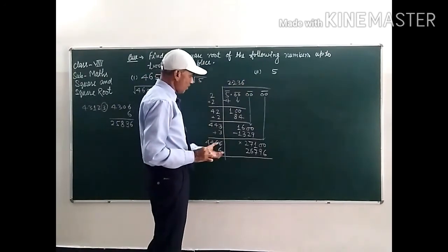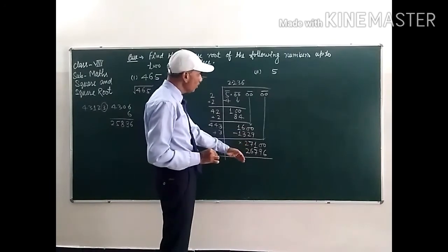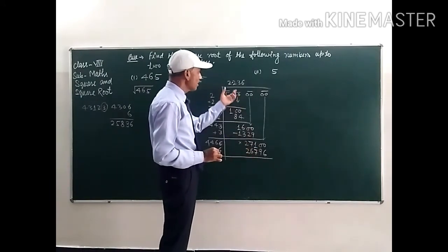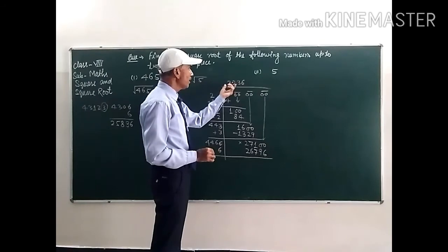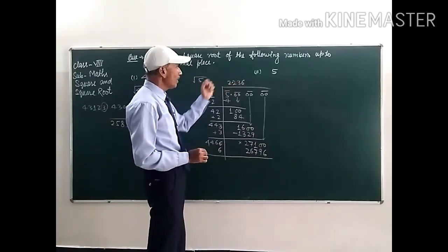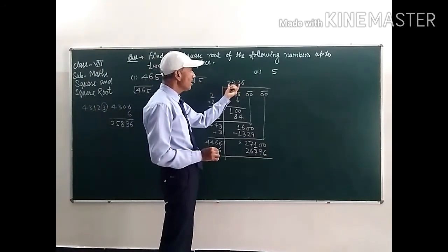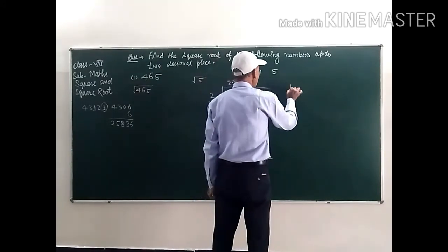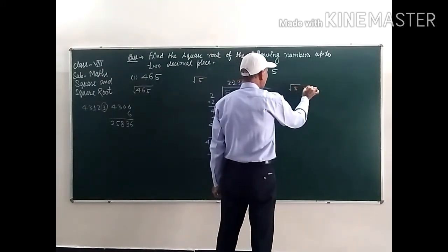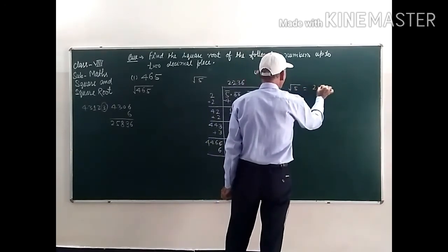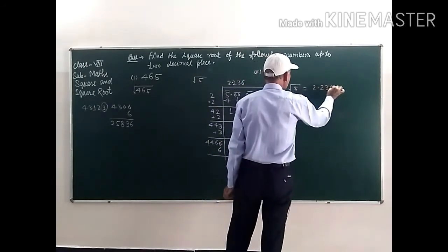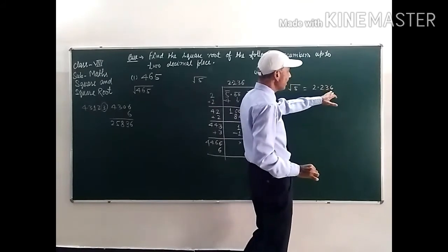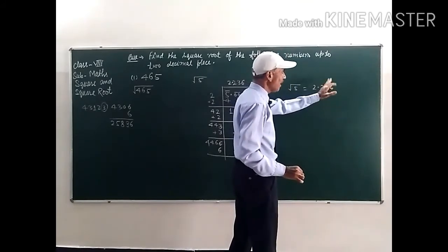Now you need not do this more, because you are going to find the square root of this number up to 2 places of decimal, but you have found it up to 3 places. So the square root of 5 is equal to 2.236, because 6 is greater than 5.